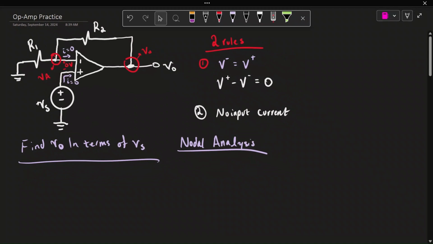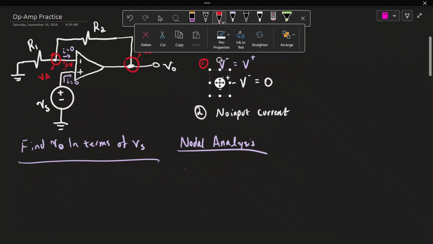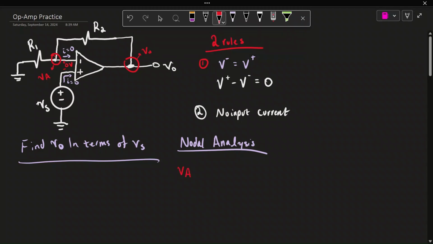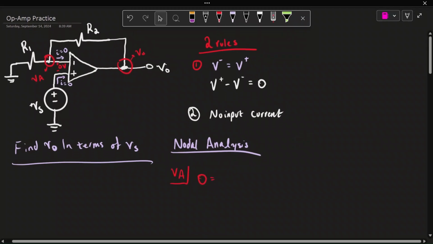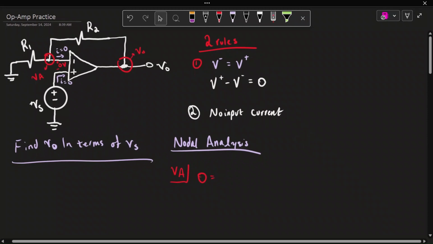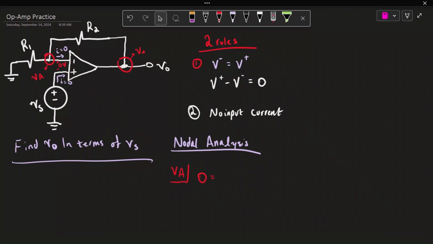So let's create our node voltage equations for these. Let's start with VA. We'll start off with 0 is equal to, and we'll go through R1. What's the current through R1?